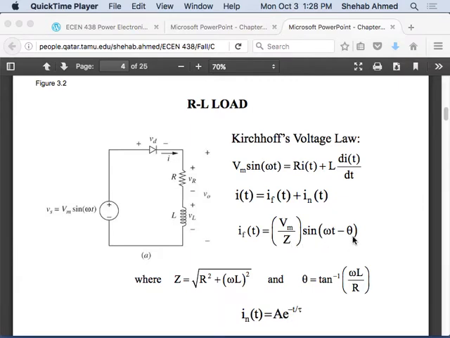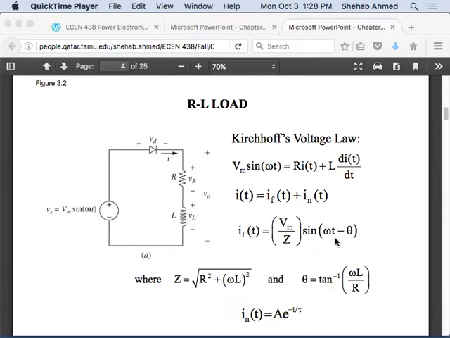We brought it to the numerator by subtracting it from the voltage angle here. So it's V divided by impedance, magnitude over magnitude, and then we subtracted the angles from each other. When you have two complex numbers, you divide the magnitudes and then you subtract the angles. That's exactly what we did here with the forced response.